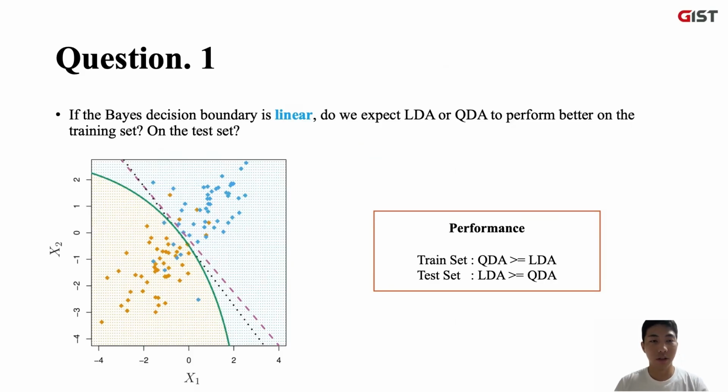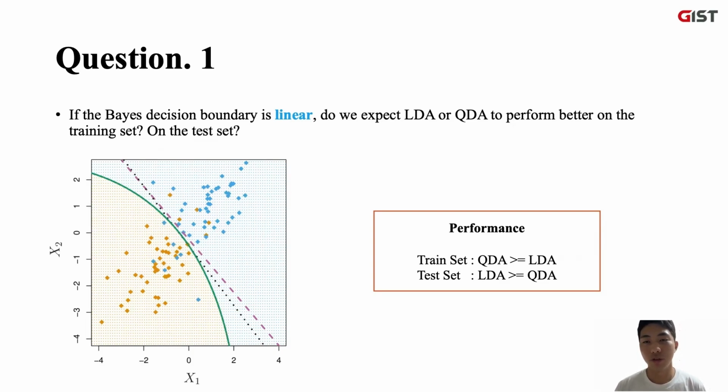Okay, let's answer this question based on what we have just learned. The question is, if the Bayes decision boundary is linear, do we expect LDA or QDA to perform better on the training set and on the test set? The key assumption here is that the true answer is a straight line. First, let's consider the training set. In this case, QDA will likely perform better.